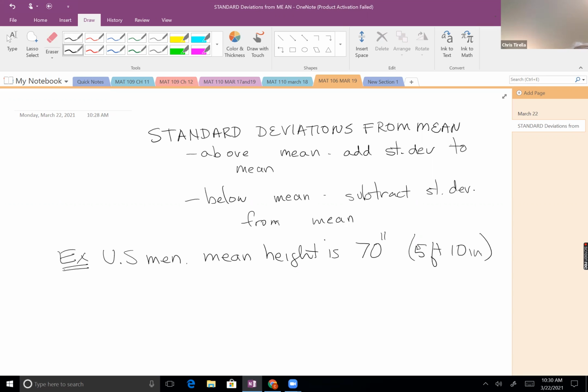And does that square away with your experience that the average guy is about 5 feet 10 inches, a little bit less than 6 foot? Yeah. And the standard deviation is 4 inches.